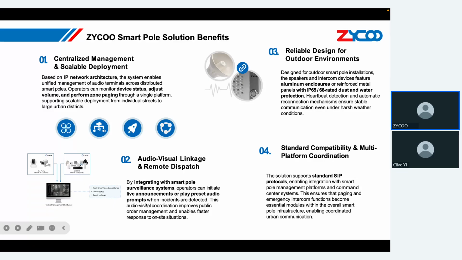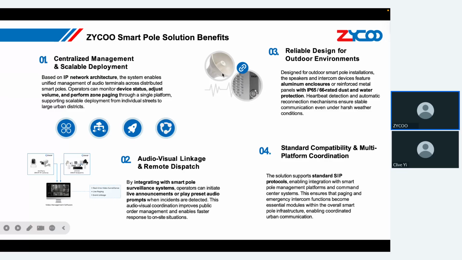This audio visual coordination can improve public order management and enable faster response to on-site situations, because the cameras can see what's going on at this place. And if the monitor finds anything suspicious, he can directly use the speaker to do live paging or voice deterrence.